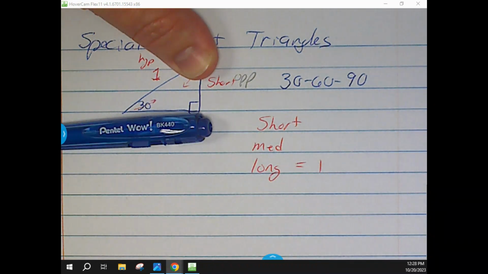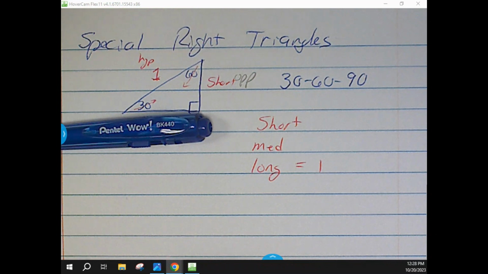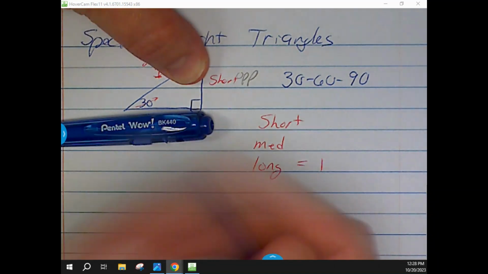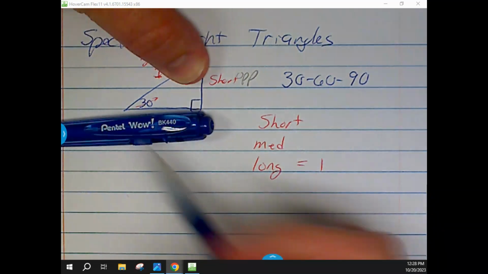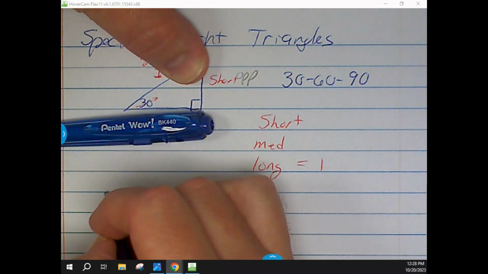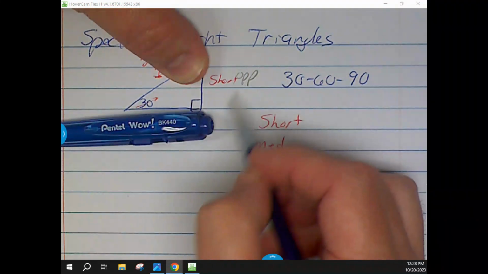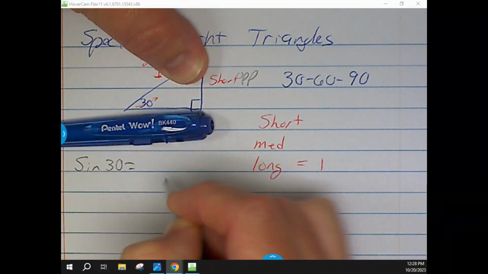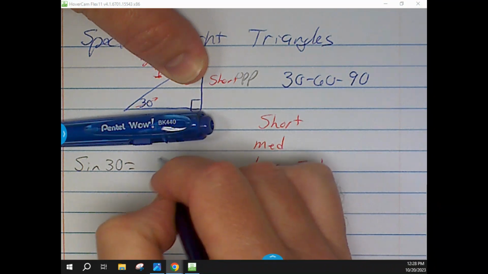And somebody may be saying, why use the 30? Well, if they give you 2 angles, you just have to pick one. So if they gave us a 30 and a 60, and we're trying to figure out what this side is, you just pick one of the 2. So I picked the 30. This is the opposite side, and that's the hypotenuse. If we use opposite and hypotenuse, that's sine. We're trying to figure out what the opposite side is.